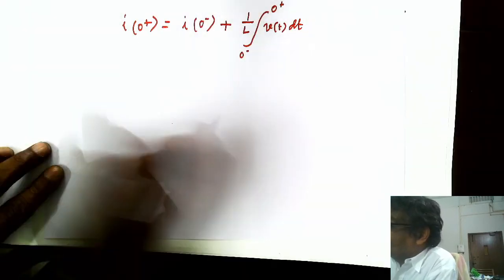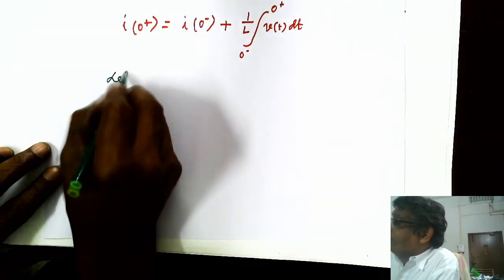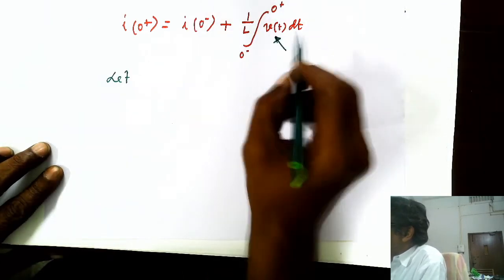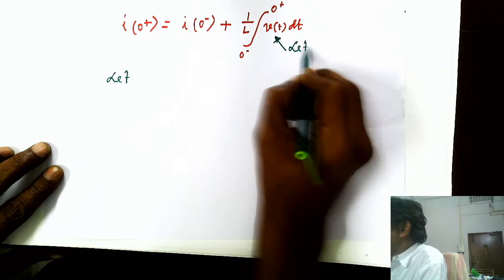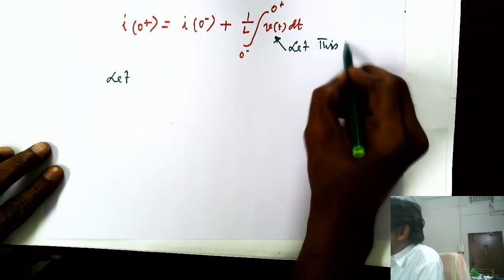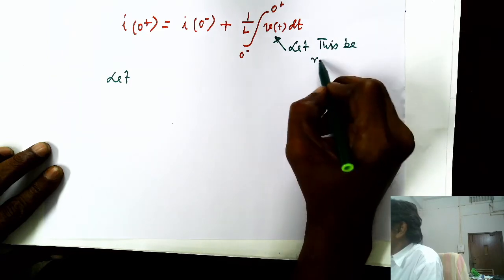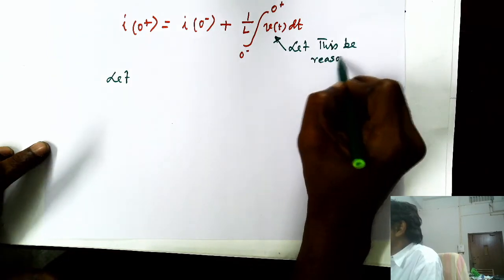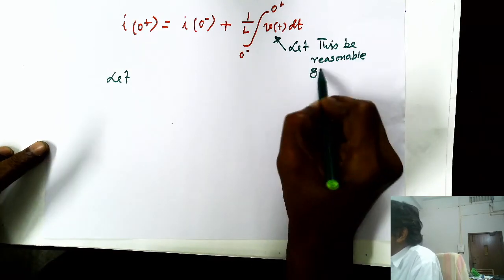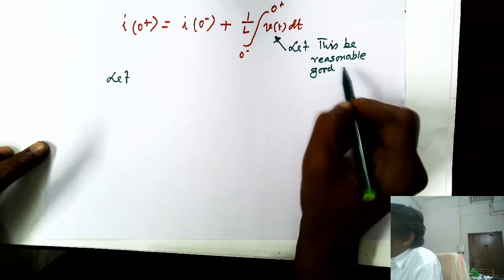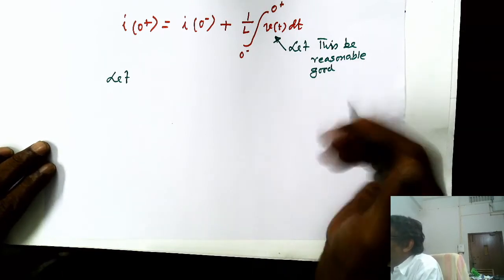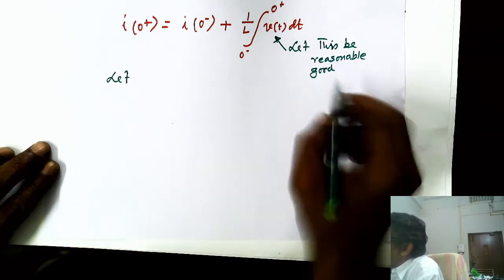let this v(t) be a reasonably good function. These are qualitative, not strictly like a mathematician I am telling, but let this be a reasonably good function.